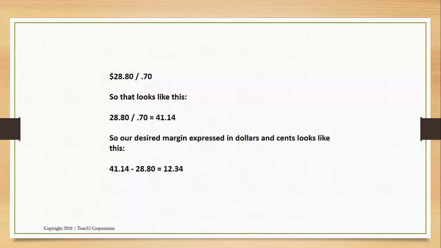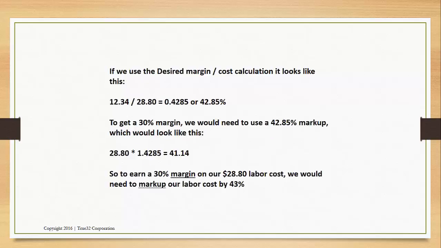$28.80 divided by 0.70 equals 41.14. And that would express out as $41.14. So our desired margin expressed in dollars and cents looks like this: 41.14 minus 28.80 equals $12.34. $12.34 is the markup. If we use the desired margin divided by cost calculation, it looks like this: 12.34 divided by 28.80 equals 0.4285 or 42.85%.